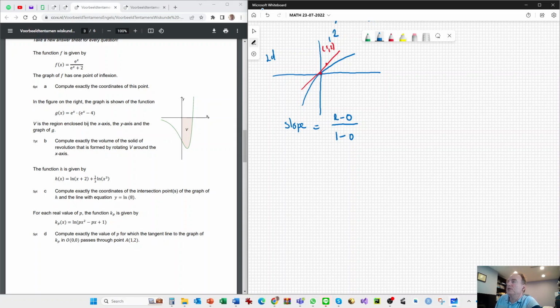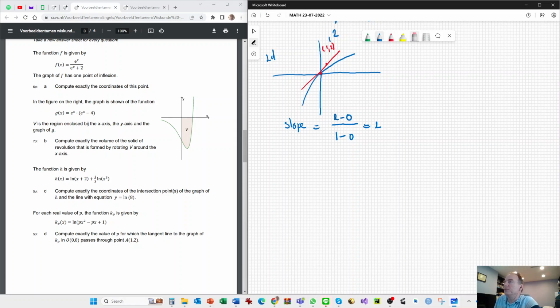That line will go through the origin and 1, 2. So the slope has to be 2. In other words, the derivative of this function has to be, let's write this.